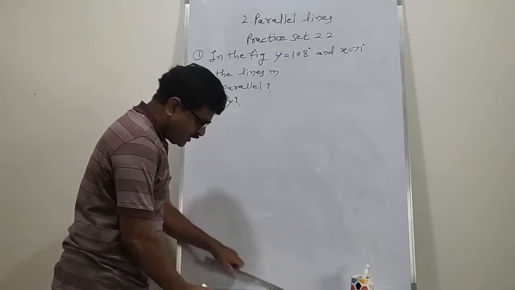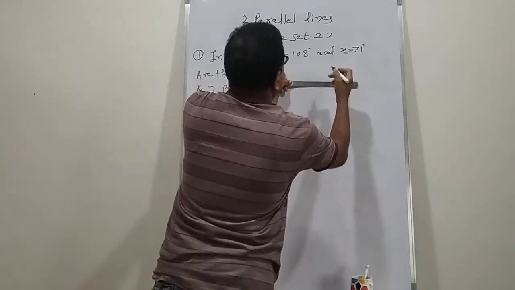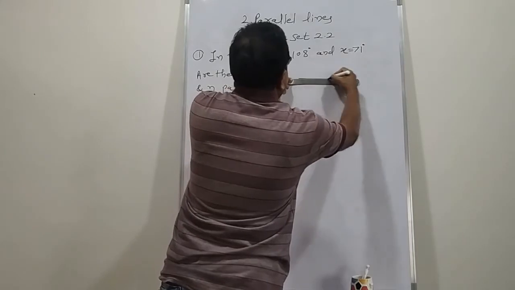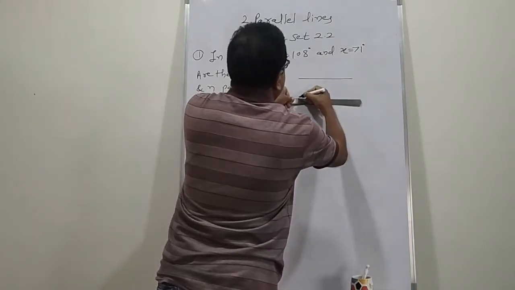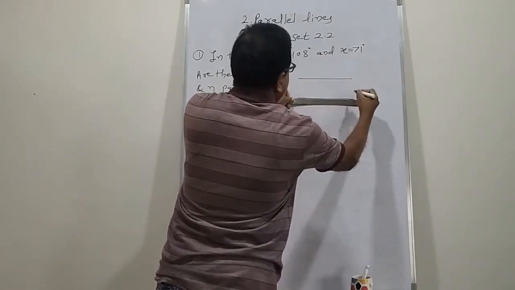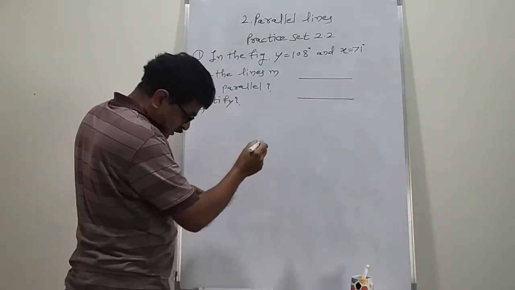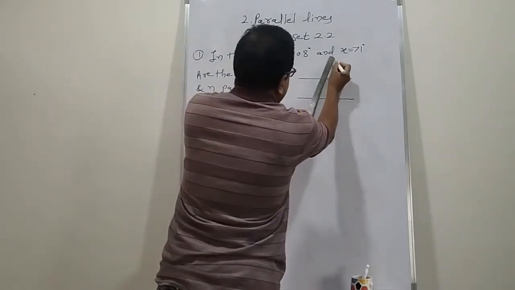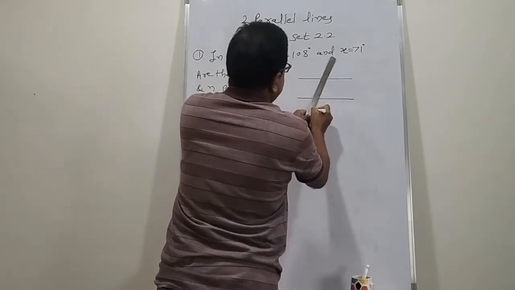Now we have the given figure. This is line M, line N, and this is its transversal.